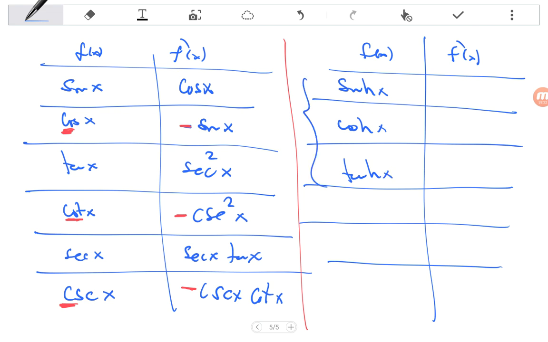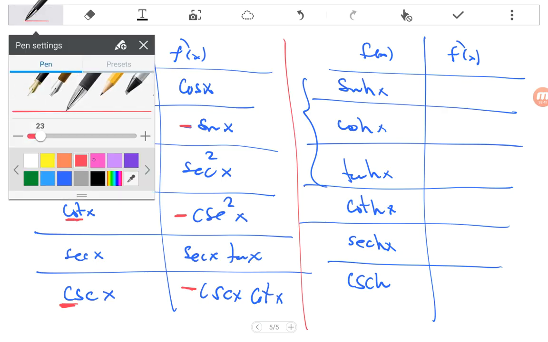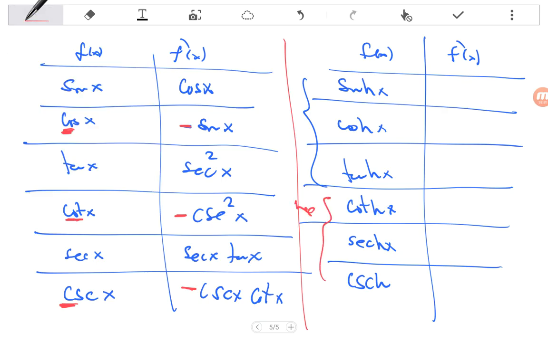These are the three basic hyperbolic functions. Then we will have the reciprocals of these three: the reciprocal of tangent is cotangent, the reciprocal of cosine is sec, and the reciprocal of sine is cosec. So these three are called the reciprocals.